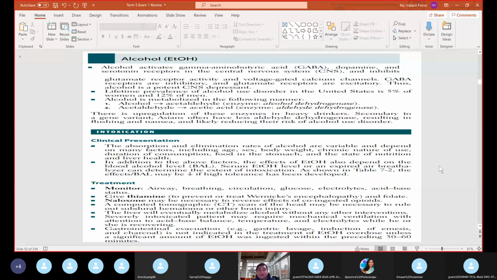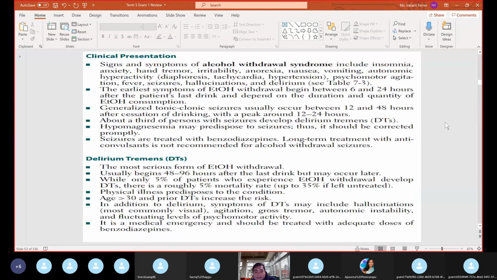Because if you give glucose first, it will use up the remaining thiamine in the blood, and you don't want that. Your patient will have a thiamine deficiency. So you give a bolus of thiamine first before you give your dextrose. Good job. Now naloxone may be necessary to reverse the effects, okay? If they ingest some opioids.